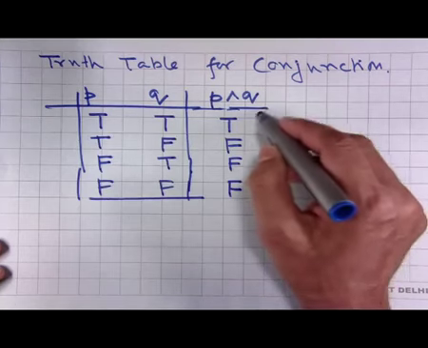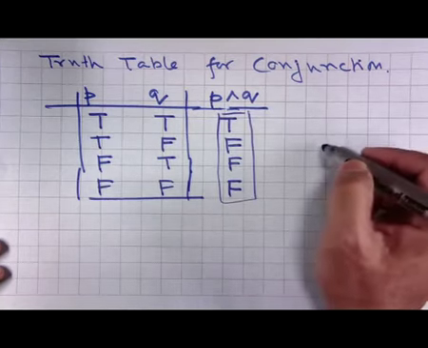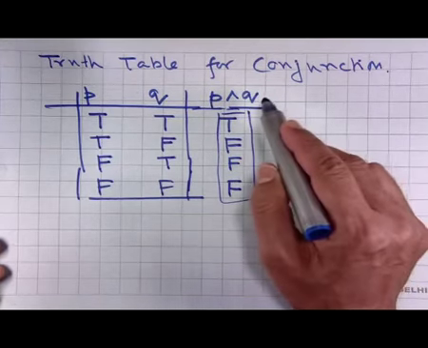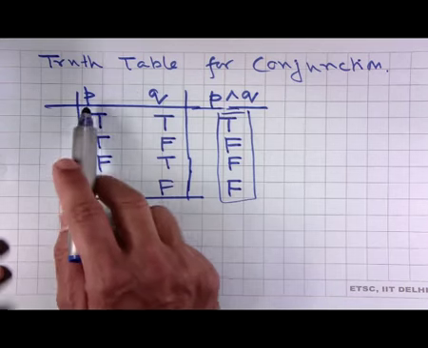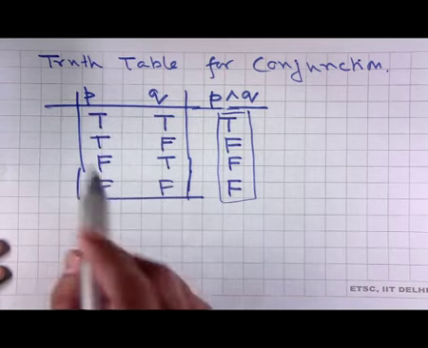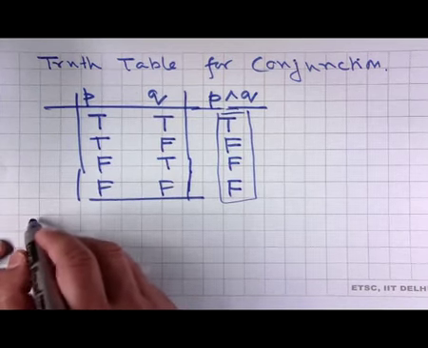So, this is the truth values that we can determine for the compound statement P and Q when we have the truth values for P and Q given.